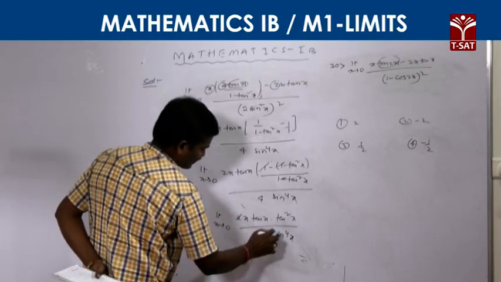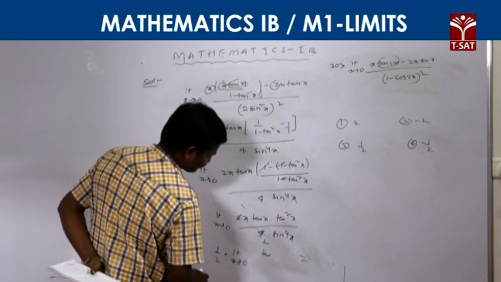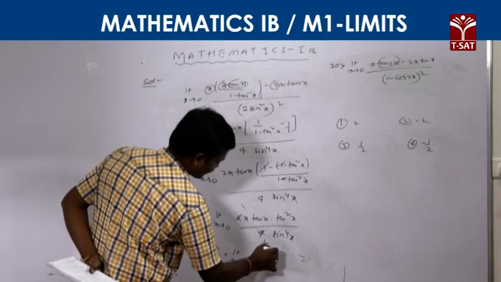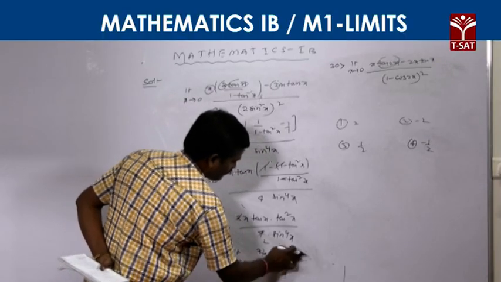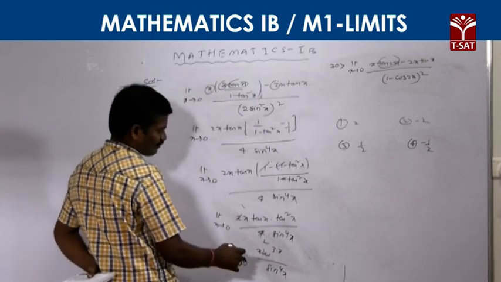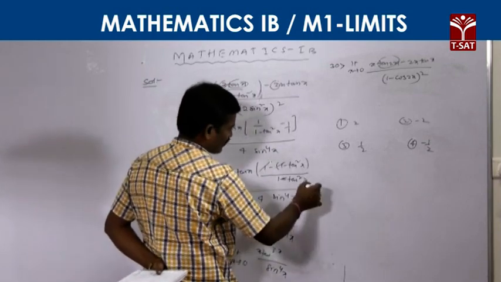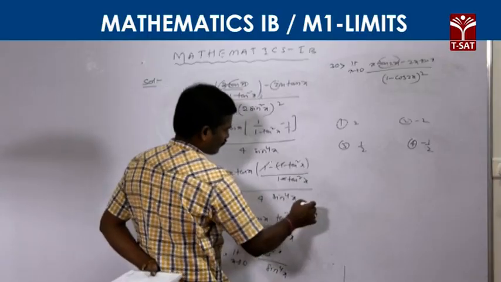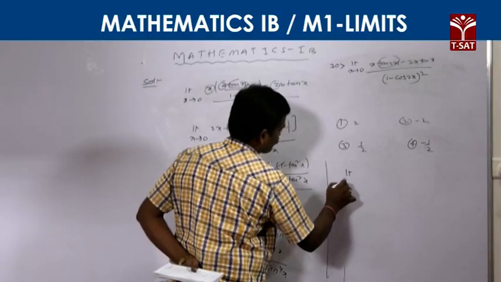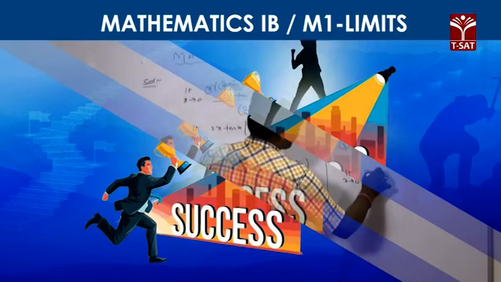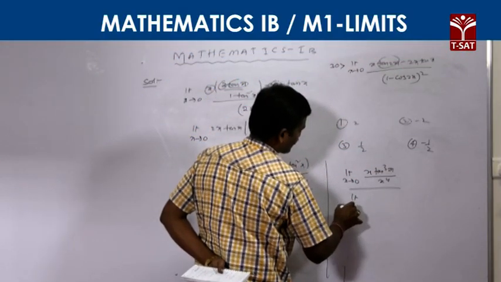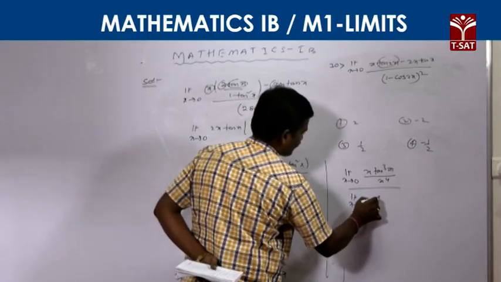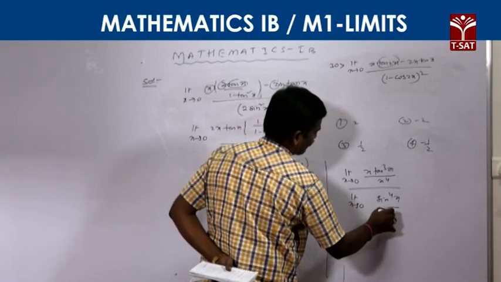Here tan x into tan x, tan cube x into x by sin power 4x. To get standard forms in the numerator and denominator, we multiply and divide by x power 4. So the limit as x tends to 0, x tan cube x by x power 4, by the limit as x tends to 0, sin power 4x by x power 4.